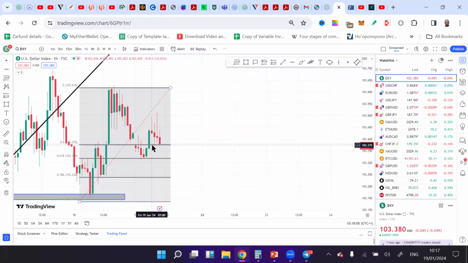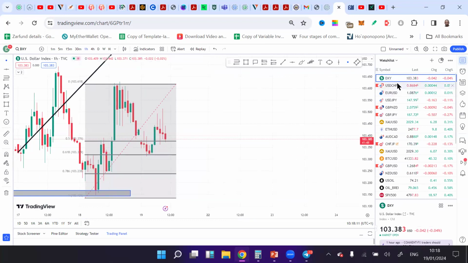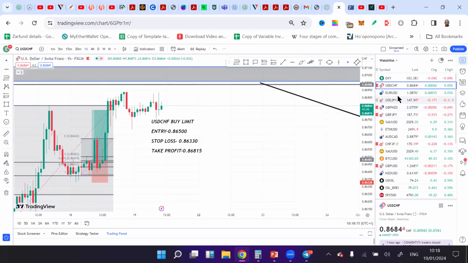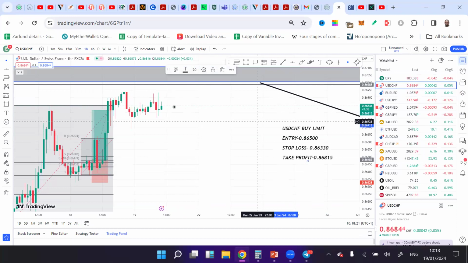So we're expecting Euro USD to sell, because we still expect the dollar index to buy, but the price action there looks a bit funny somehow. So for now, we'll hold off on that.